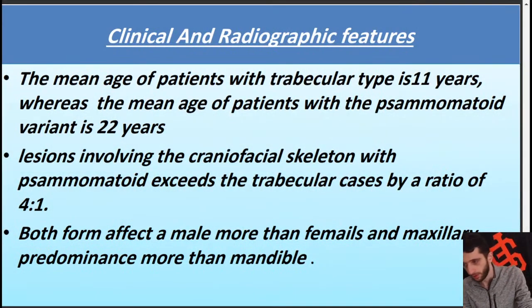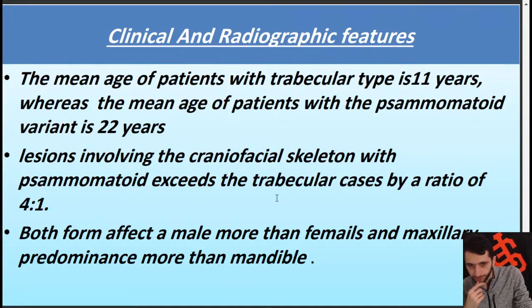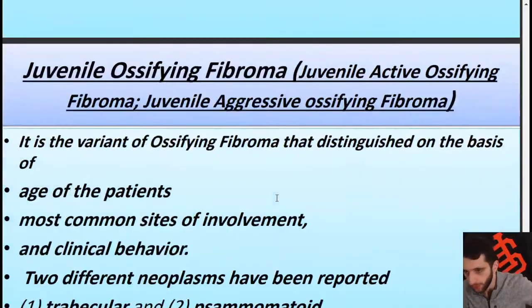I wasn't showing the display. So we have the fibroma: psammomatoid, trabecular, juvenile, cementoosseous ossifying fibroma.